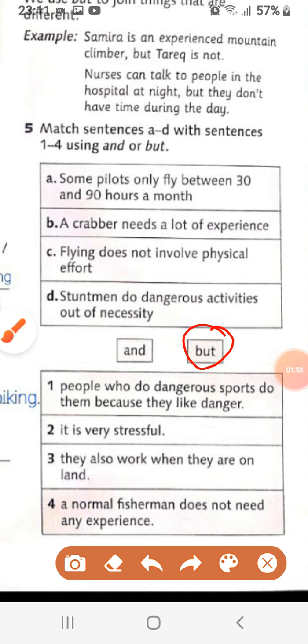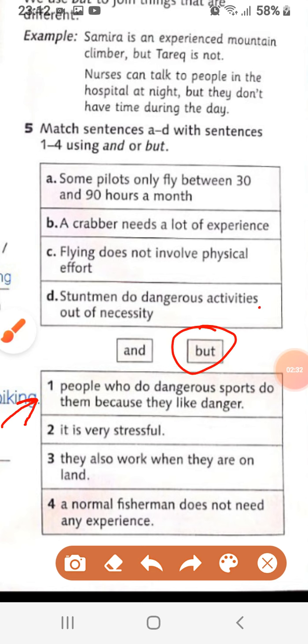عنا the last one D. Stuntmen do dangerous activities out of necessity. But people who do dangerous sports do them because they like danger. طبعا البدلاء في لعب الأدوار الخطرة بالأفلام بيعملوا الأنشطة تبعتهم بدافع الضرورة، لأنه هذا الإشي ضروري جزء من عملهم. لكن but الناس اللي بتعمل رياضات خطيرة بتعملها لأنهم بيحبوا الخطر.